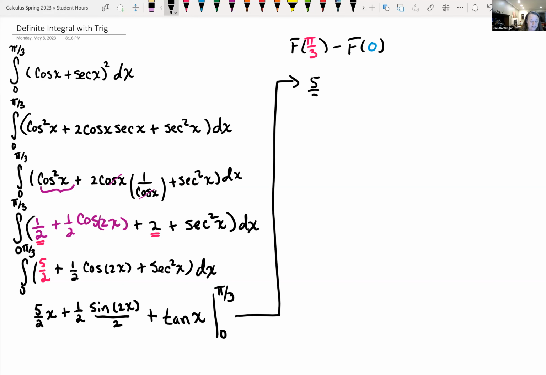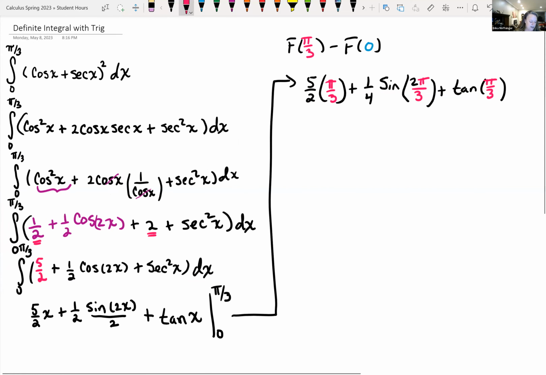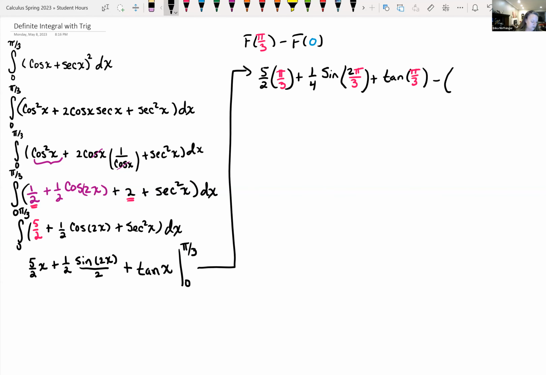So plugging this in, I get 5/2 times x, which is pi thirds, plus 1/2 times 1/2, which is going to give us the 1/4 here, sine of 2 times pi thirds, so that's going to give me 2 pi thirds, plus tangent of pi thirds, minus, and we need parentheses around this whole thing because we have more than one term, 5/2 times 0 plus 1/4 sine of 2 times 0, plus tangent of 0.